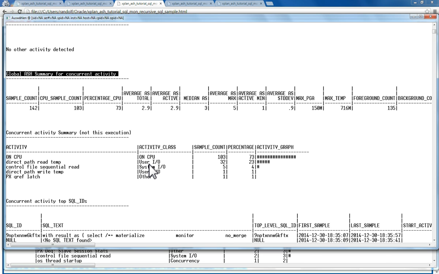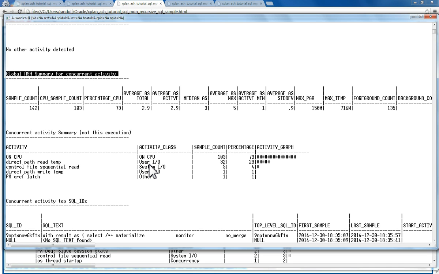You will see here either the CPU activity, in the latest versions also the differentiation between in-memory CPU activity and non-in-memory CPU activity, and if it's not CPU activity, then it should be covered by one of the wait events, so that the session is actively waiting for something, doing some system calls, waiting for them to return.